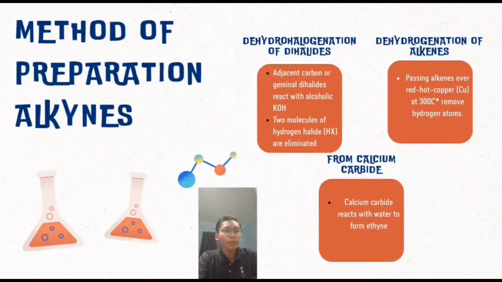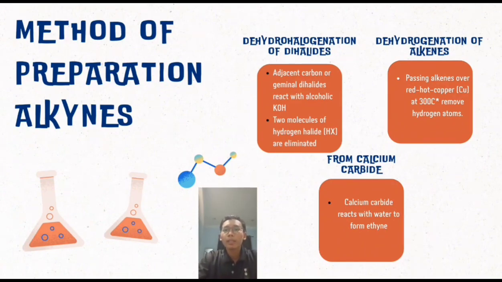Secondly, methods of preparation of alkynes. The first method is dehydrohalogenation of dihalides. Adjacent carbon or geminal dihalides react with alcoholic KOH. Two molecules of hydrogen halide, HX, are eliminated.